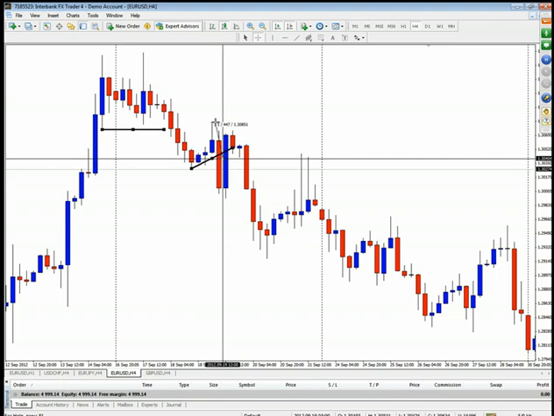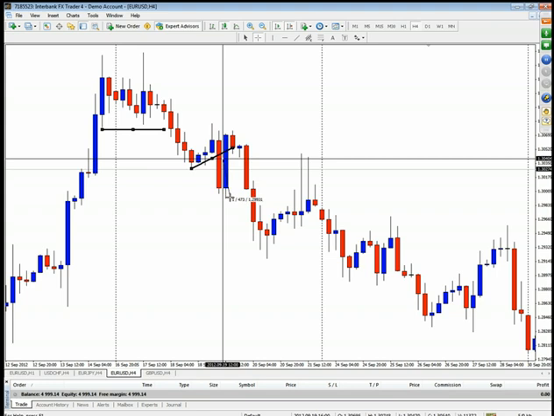Your stop would have been maybe 5 pips above this swing high, so 43, 48, let's just say 50, 130.89. You would have got short right here at 130.40, and it's around 50 pips you were looking for.